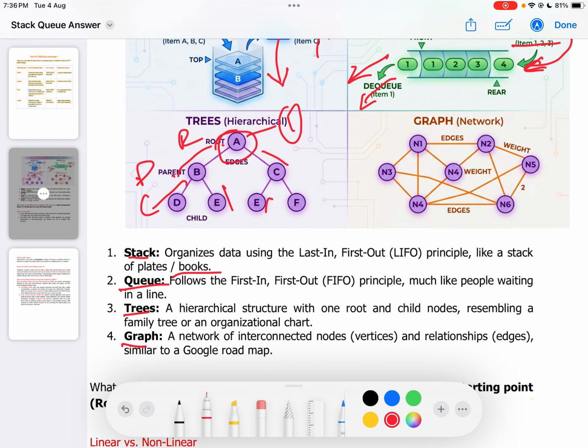Graph is N1, N2, N3, N4, N5. All these can be interconnected in any way. That's why it's called a network of interconnected nodes. They are called vertices, and the relationship between two nodes is edges.